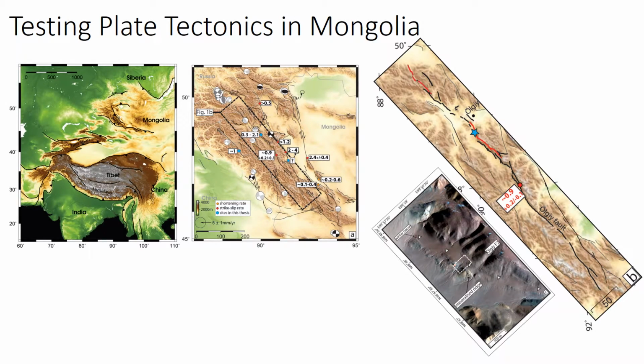So what I'm going to do now is talk about a little bit of research that I did with a student when I was at another institution. So we were looking at this region of Mongolia. Okay, so we have basically a plate boundary down here where India is being pushed up into basically Tibet, and this is basically causing Tibet to be a big high mountain range.